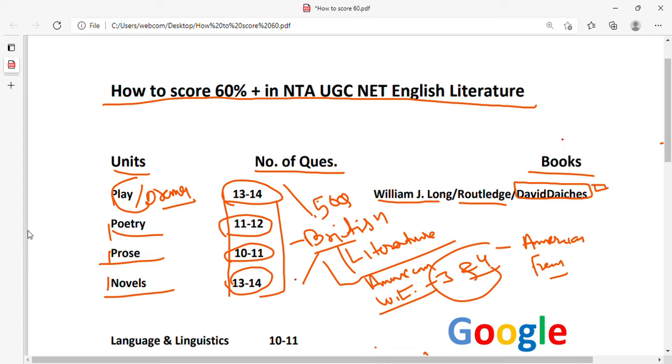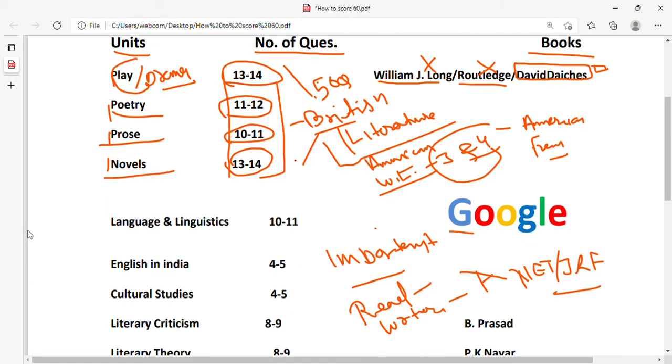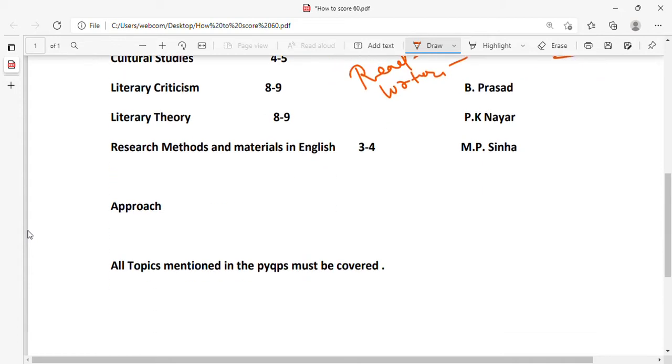If you want to adopt these smart strategies, you have no need to read even any of these books. You just go on Google, search all the topics which are asked in the previous year's question papers, and cover them from Google. You will get your NET JRF. Your whole syllabus will be covered in this way. This is one of the most important approaches, even though I have shared it here.